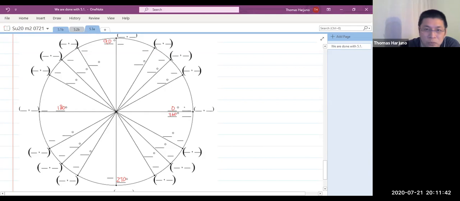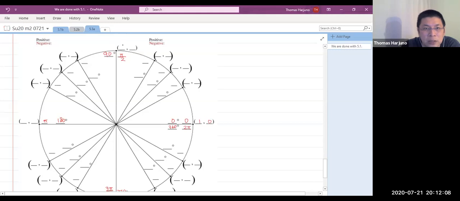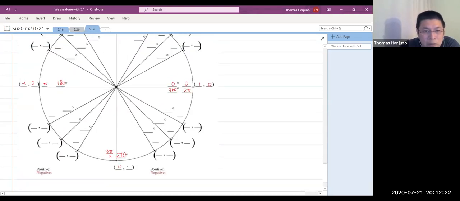The radians will be 0 radian, pi/2 radian, pi radian, 3 pi over 2 radian. This is 2 pi. The coordinate, this is 1, 0. This is 0, 1. This is -1, 0. Remember the x, y represent the cosine then sine respectively. And this will be 0, -1.